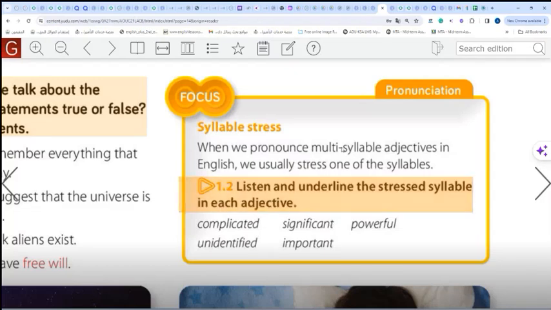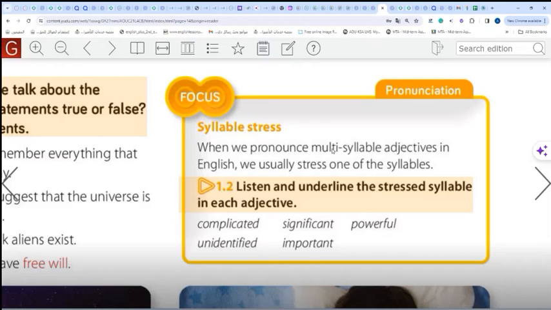Let it be three syllables. So once a word has more than one syllable, it could be called a multi-syllable word. Do you know what I mean by multi? If you have more than one million, it could be called a multi-millionaire. So what do you mean by multi here?